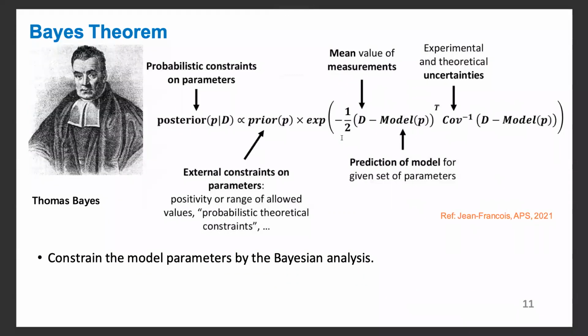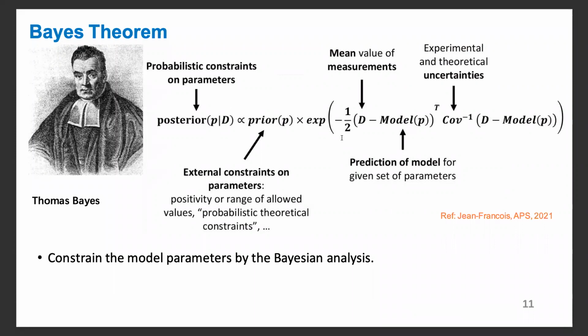Then we use Bayesian analysis to constrain the proton shape fluctuations. This is the Bayesian theorem formula. Here, for example, this is the probabilistic constraint on the model parameters given the data, and this is proportional to this formula. Here, the prior is just the external constraints on the parameters, such as positivity or the range of allowed values. For example, the probability shall be positive, and the number of hotspots shall be positive.